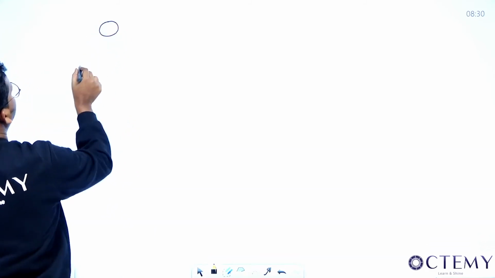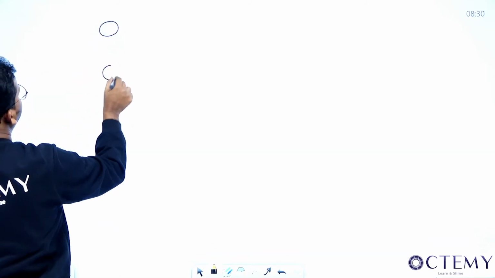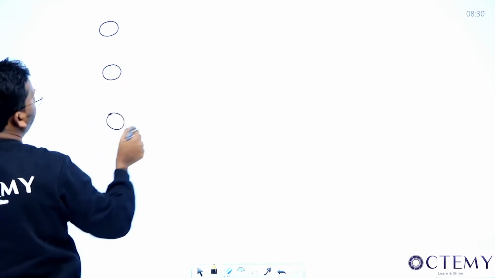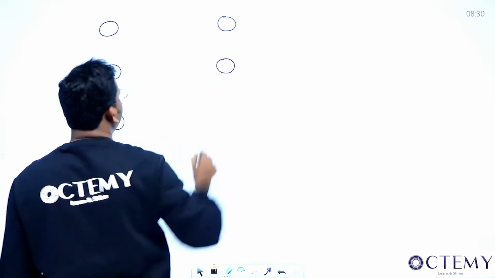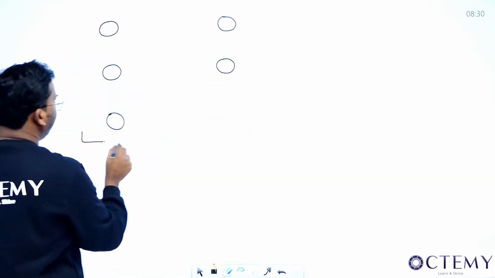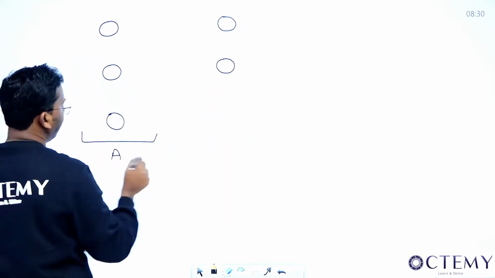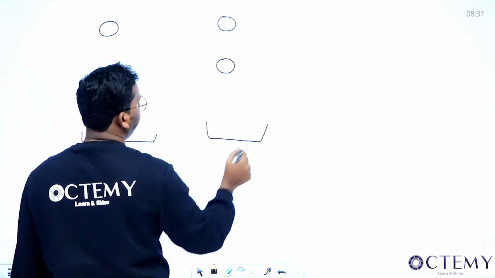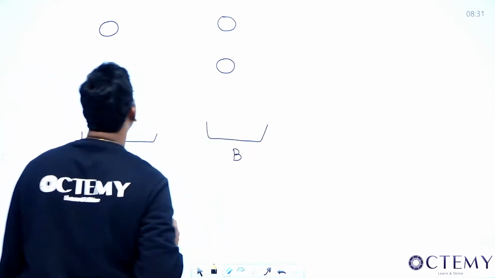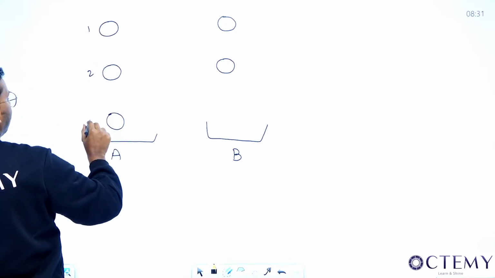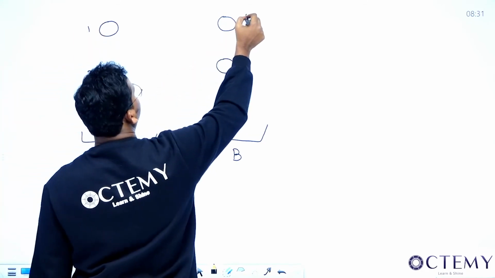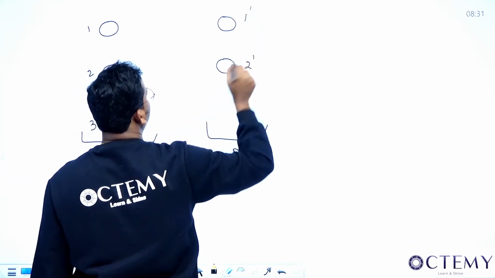Assume this is conductor A and this is conductor B. These are composite conductors, and say this is conductor 1, conductor 2, conductor 3, and this is conductor 1 dash, conductor 2 dash.